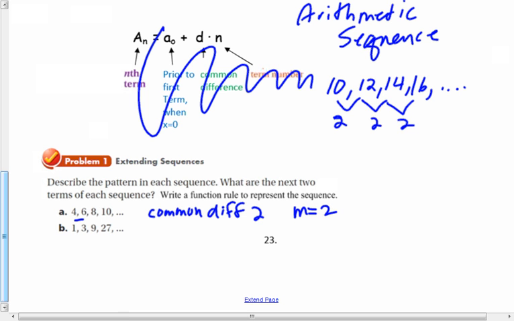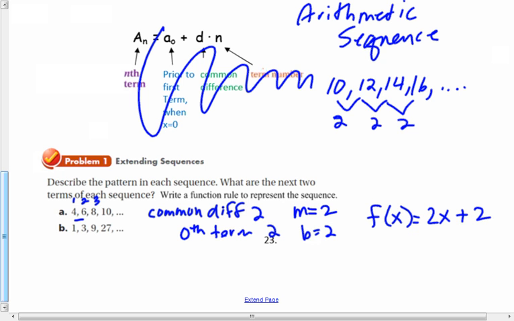Remember that 4 is the first term, 6 is the second term, 8 is the third term, so the 0th term is 2, and that's the y-intercept, so b equals 2. So our function rule is f of x equals 2x plus 2. And the next 2 terms are 12 and 14.